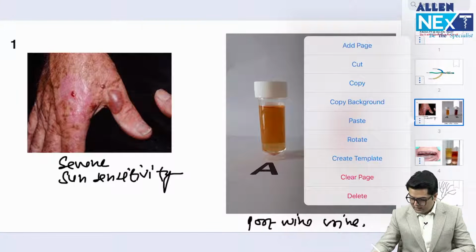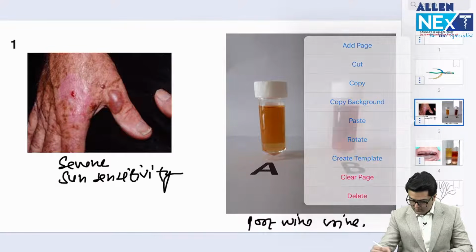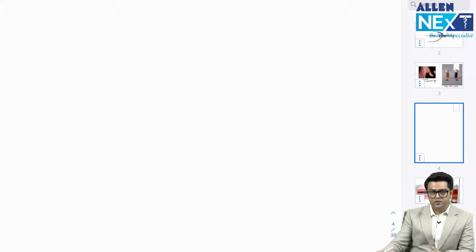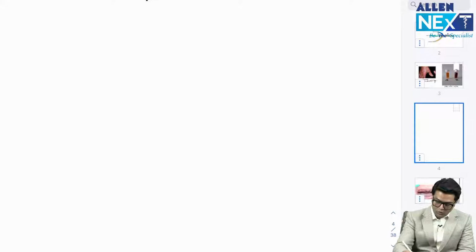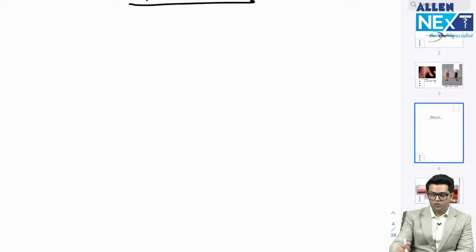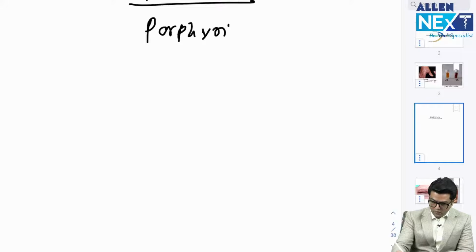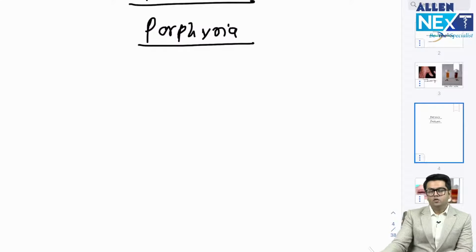So let's take that point. There are three types of porphyria we have. Whenever there is an MCQ on porphyria, just look at two points. Are there any acute clinical features?